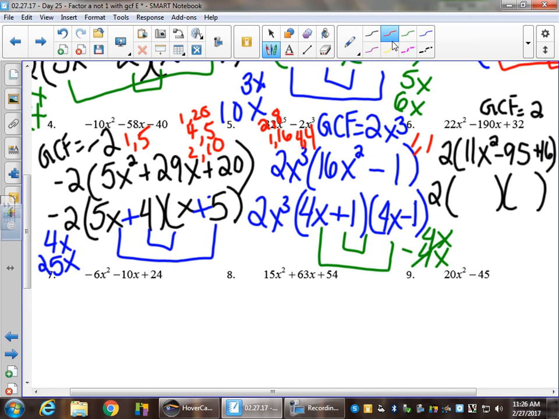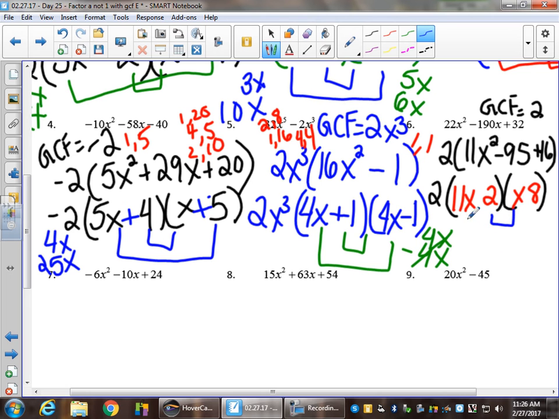Which factors did you choose? What did you guys choose? 2 and 8. Okay, so where'd you put the 2 and where'd you put the 8? 2 in the first one, 8 in the second one? So what happens when you do inner and outer?